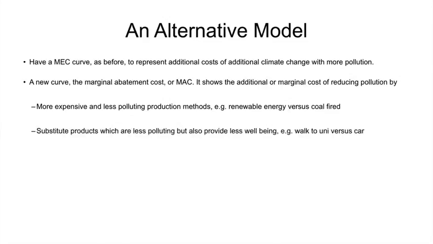Or I could substitute products in our consumption which provide the same sort of well-being, but they're more costly. So if I wanted to get from home to the university, I currently choose a car because that saves on time, and I can sleep in, hop in the car and get to the lecture, and that's okay.